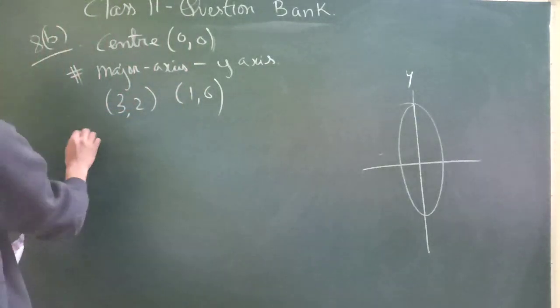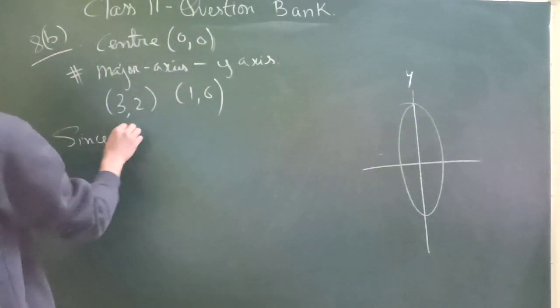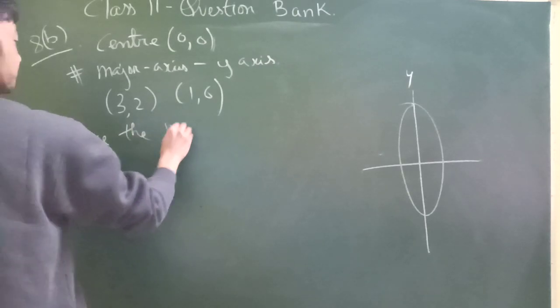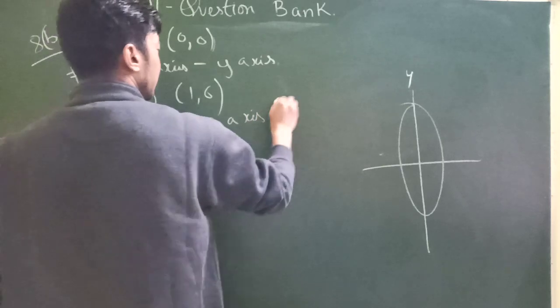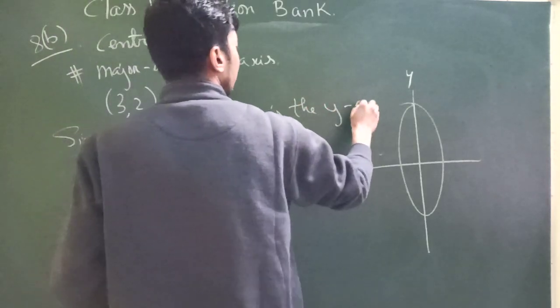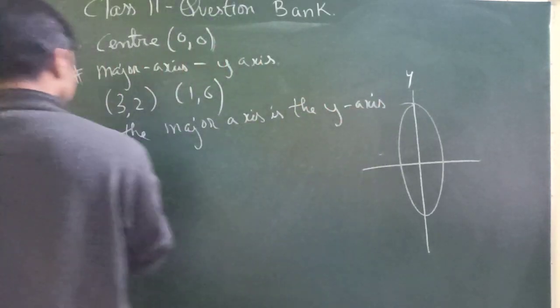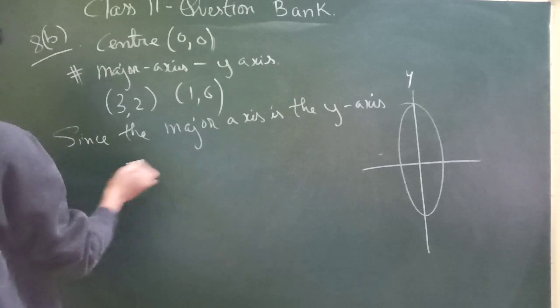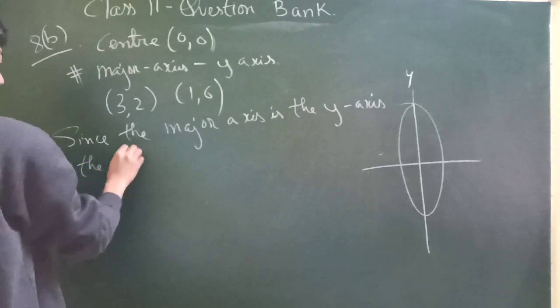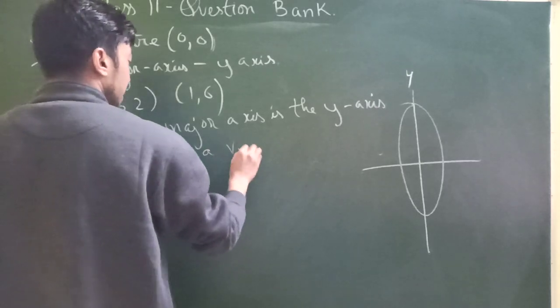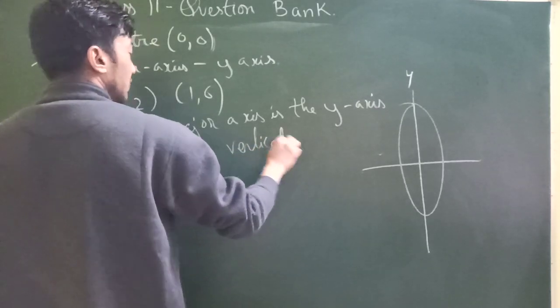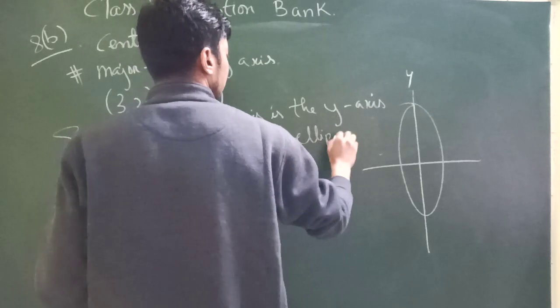I'll just write here, since the major axis is the y-axis, the ellipse is a vertical ellipse.